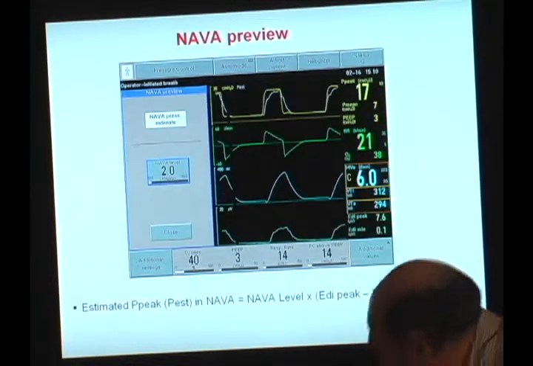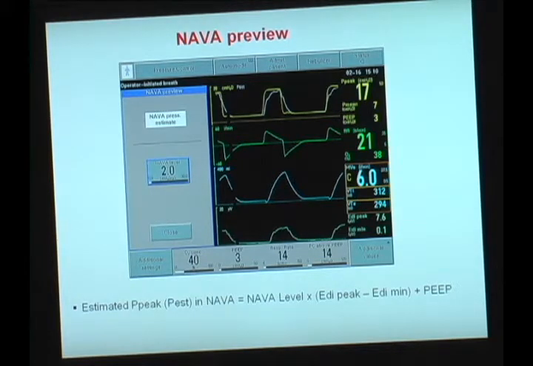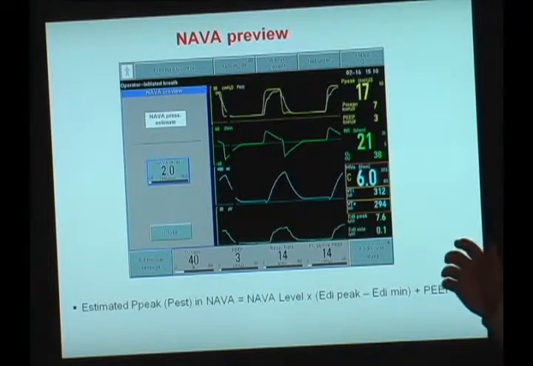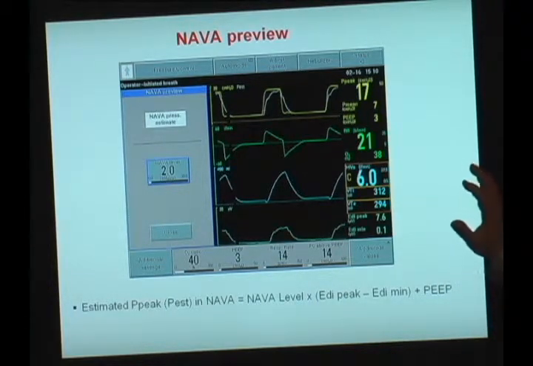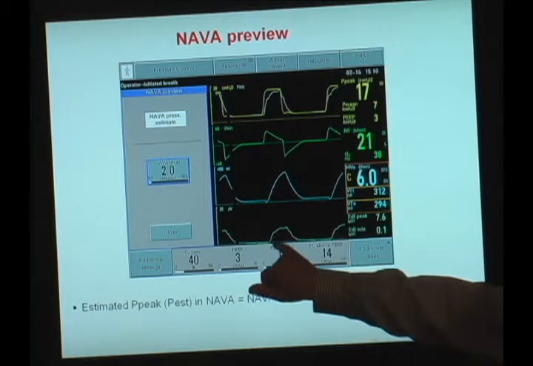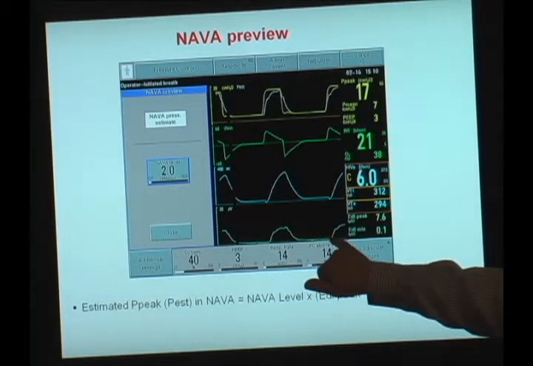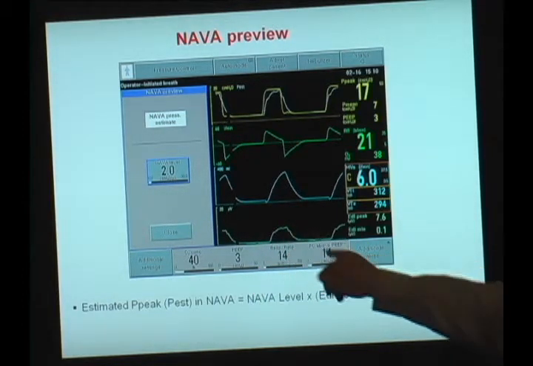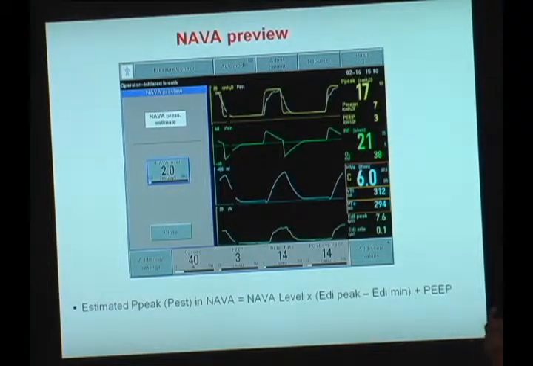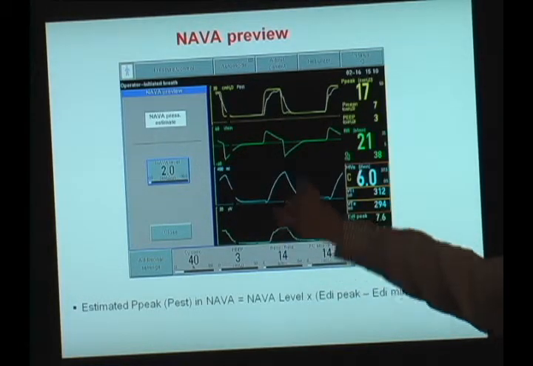This is very important because Nava allows us to provide pressure support for the patient that has the same shape as the electrical activity. But to be sure not to damage the patient, we have to prepare the patient in terms of Nava preview.